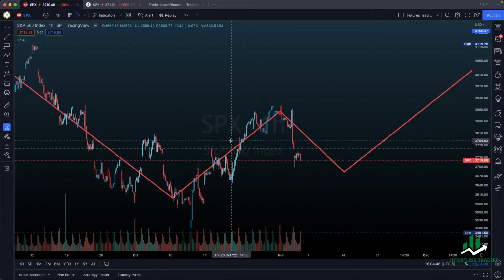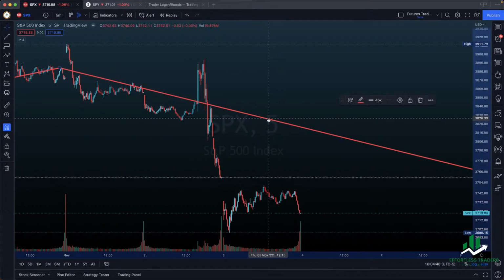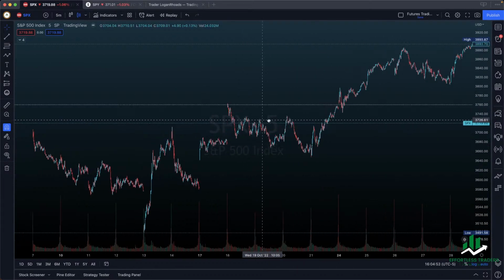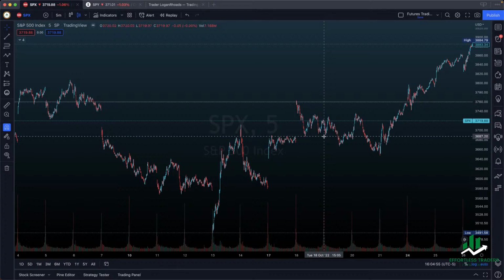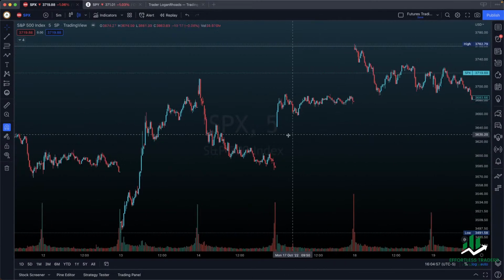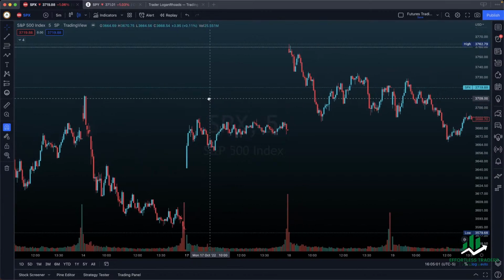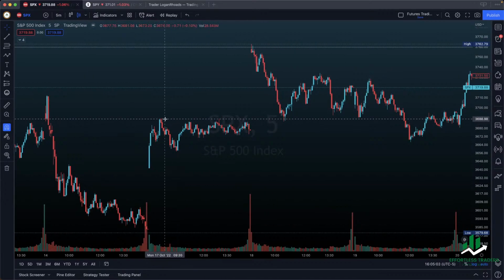So while we're here, let's look at some intraday type stuff, and I can take that off the chart. Let me try to find one really quick for us. Here's a great one. So this is actually a high of day support. And as you can see, it could turn into a support right here.